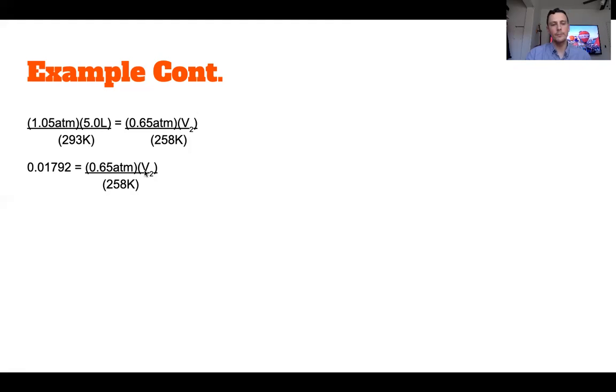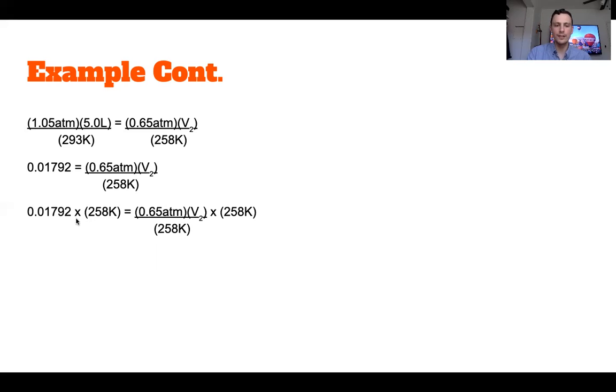Now, we need to get V2 by itself. So to do that, you need to get rid of these two terms, and you could do it a number of ways. But what I would do first is multiply both sides by my denominator here. So if I multiply both sides by 258 Kelvin, then these cancel on the right-hand side because I have one on the top, one on the bottom.